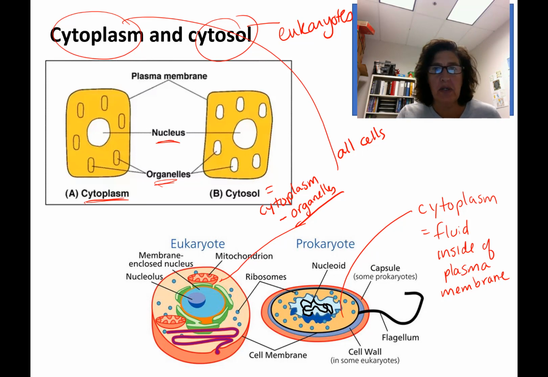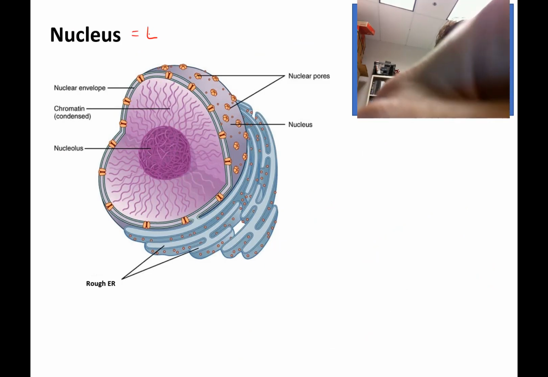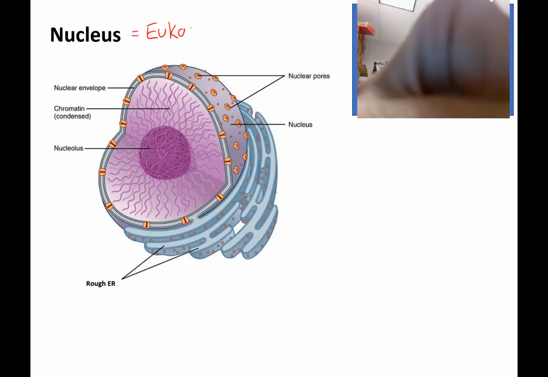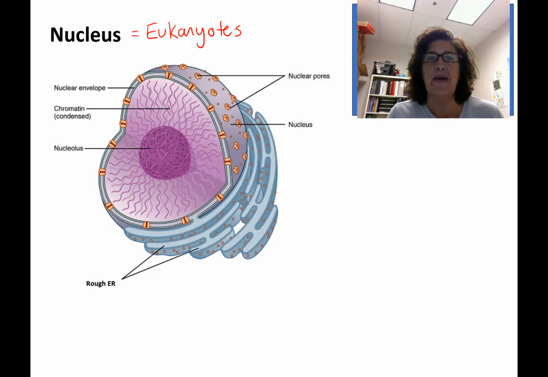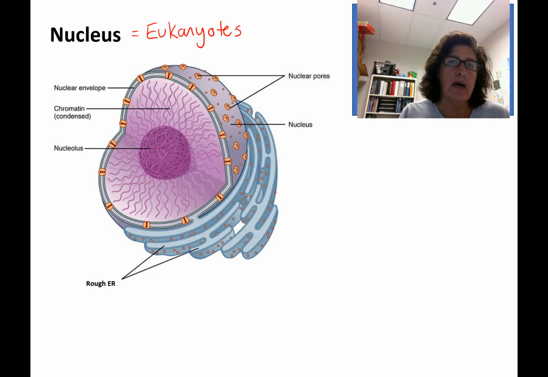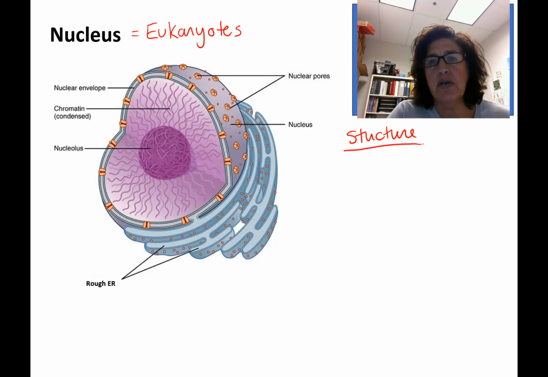Okay, now we're going to talk about an organelle that is unique to eukaryotes. So remember that prokaryotes, oh, I probably just put my hand in front of the camera, sorry. Eukaryotes mean true nucleus, prokaryotes mean before the nucleus. Okay, so nuclei, which is the plural, are only found in eukaryotes. And the structure, so let's describe what you're looking at. The structure of the nucleus is it has a double membrane.